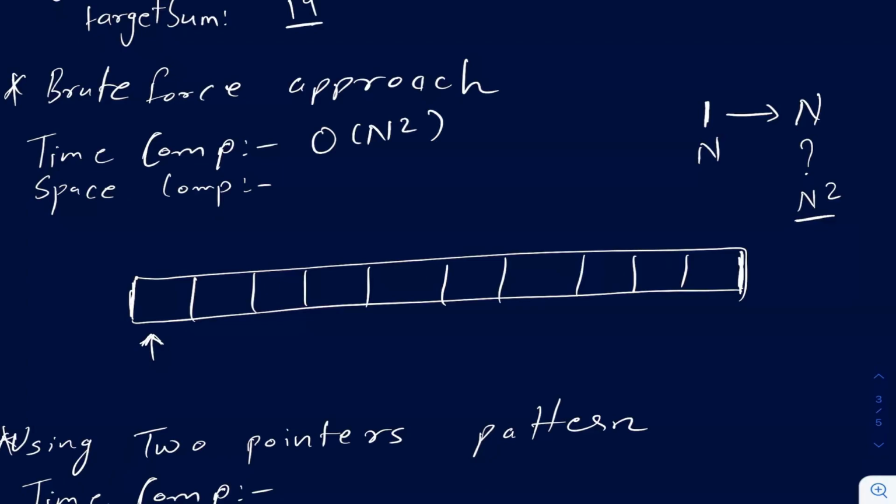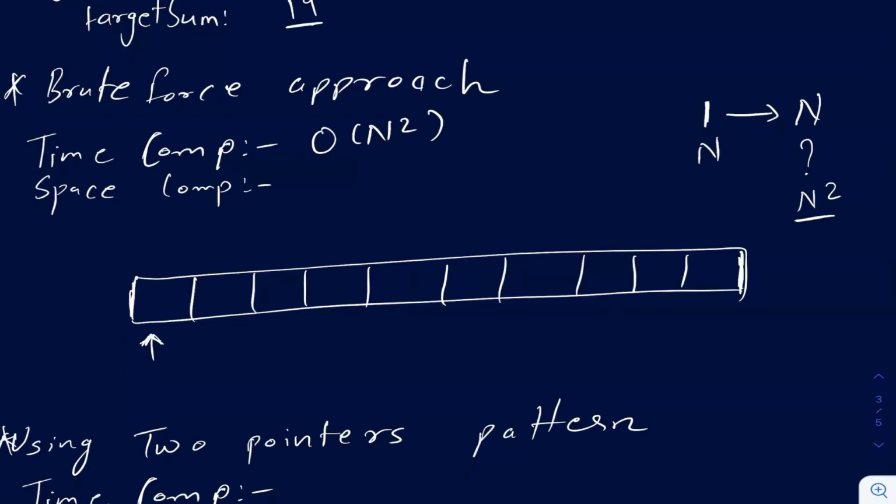Now what would be the space complexity? Over here you can see that in this approach we are not using any extra space. What I mean by extra space is that we are not considering the little variables that we use, right? So as the size of the array increases, the space utilization in this algorithm will not increase.